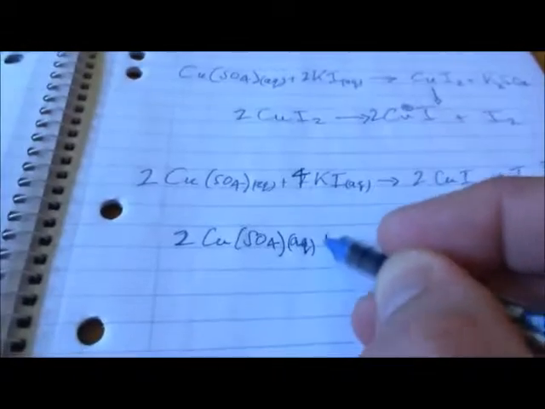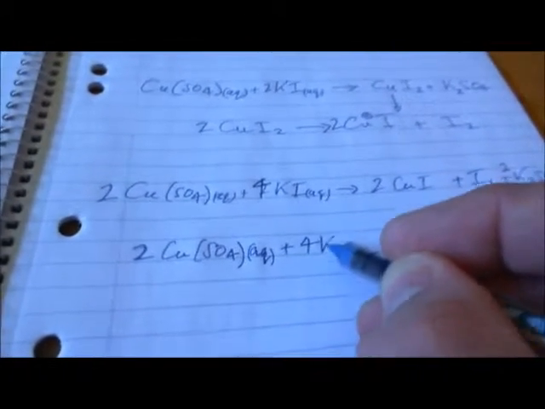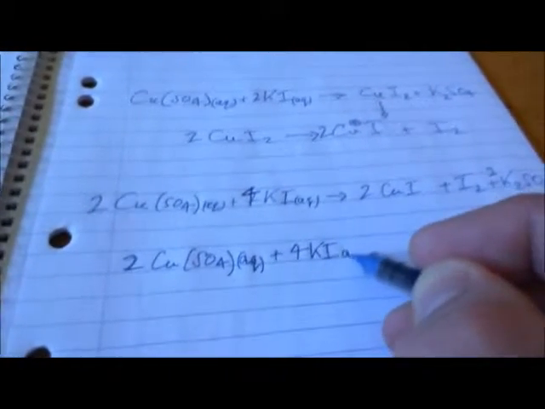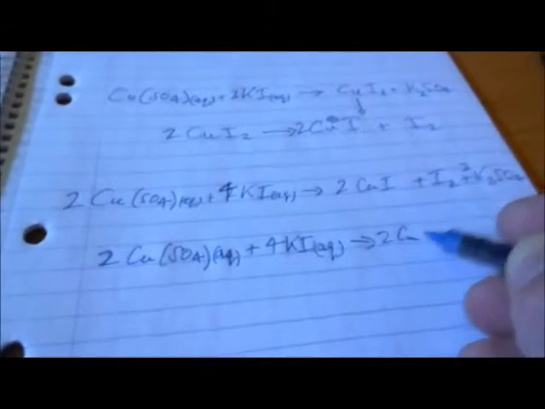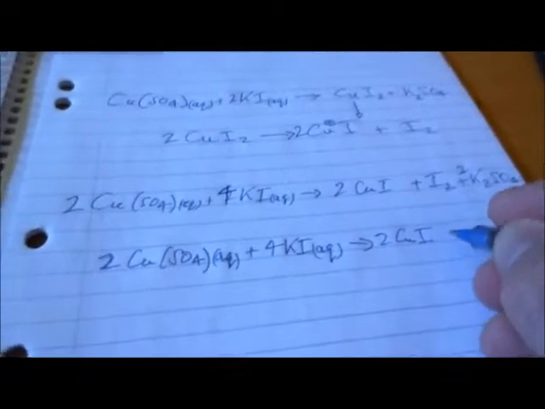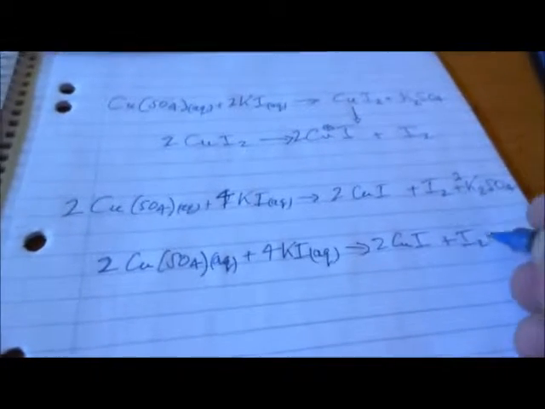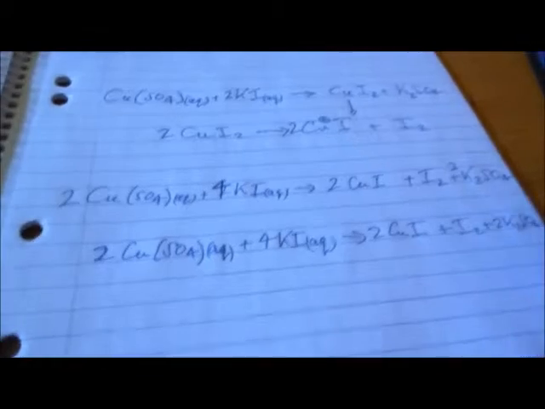So now the equation for the whole reaction will be, as I'm writing, 2CuI plus I2 plus 2K2SO4.